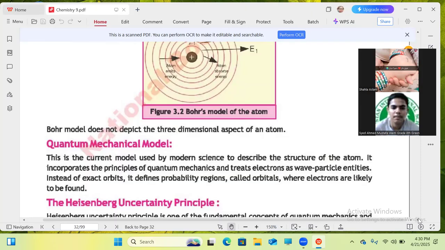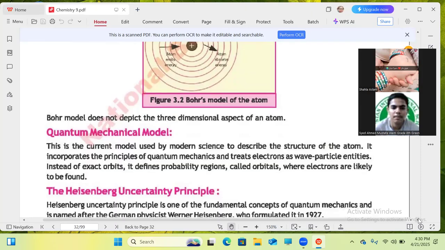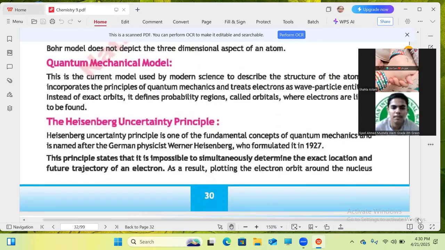So that was a little review of our chapter number 3, atomic structure. As we are starting the fourth lecture of this chapter, the topic is the Heisenberg Uncertainty Principle. Firstly, Heisenberg is the name of the scientist.